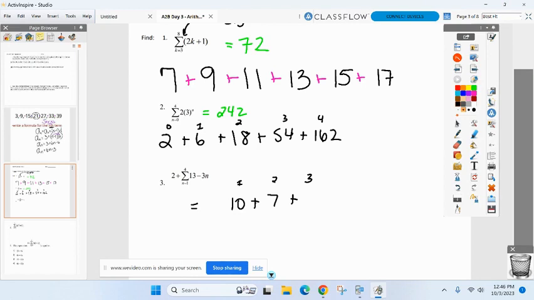Now I'm plugging in 3 for n. 6, right? 13 minus 9. Yeah. Oh, wait, 4, but then plus 2. Oh, no. Look. The 2 is added after I add everything up. It's not added to every term. Okay, this just says add 2 to the sum. So I'm finding the sum now, and then I'll add 2. No, just the sum altogether.